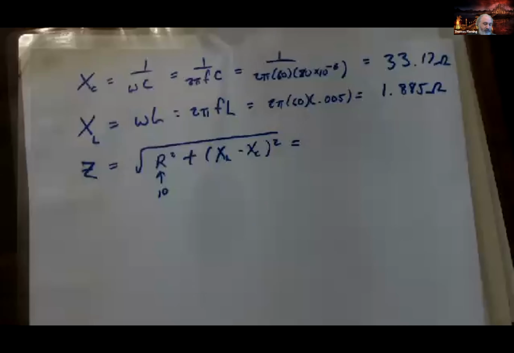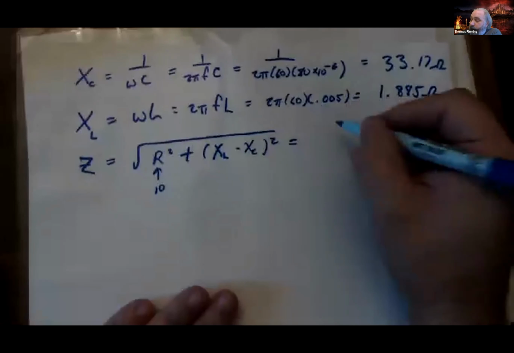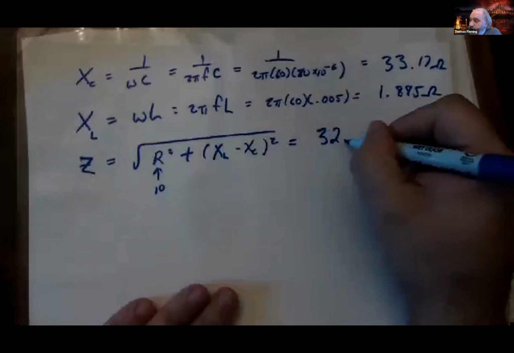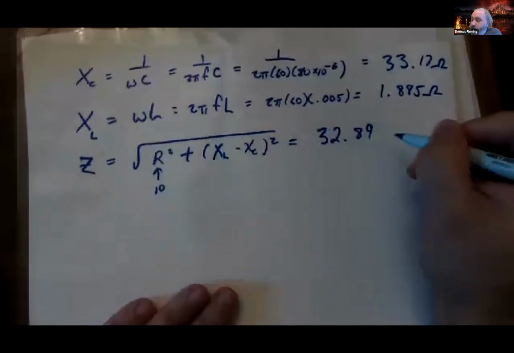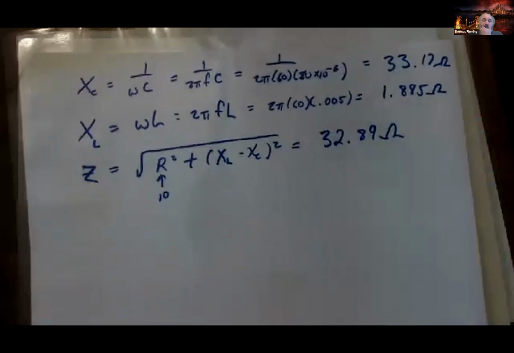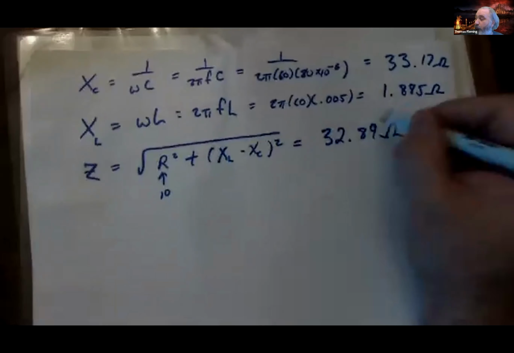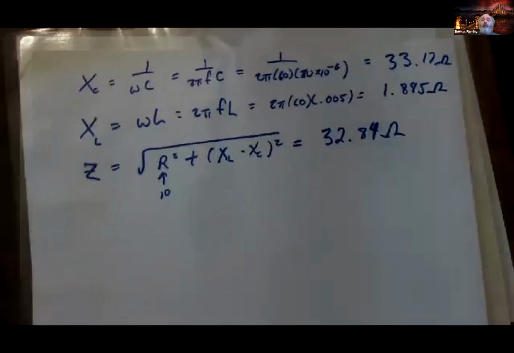Then I square root that. That's a 4, not a 9. So the entire impedance of this circuit is about 32.84 ohms.